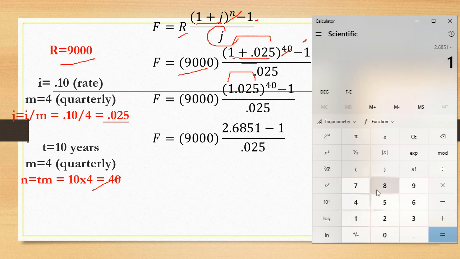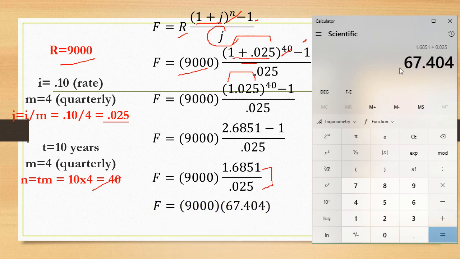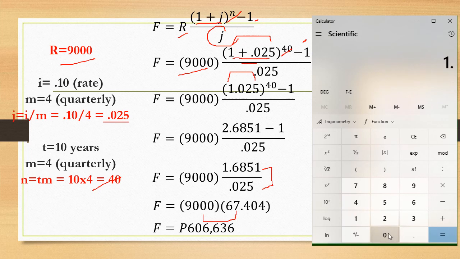Minus 1, so subtract 1 and you will be having 1.6851 divided by 0.025. You will have 67.404. Then finally multiply these two numbers and you will be having 636 pesos.